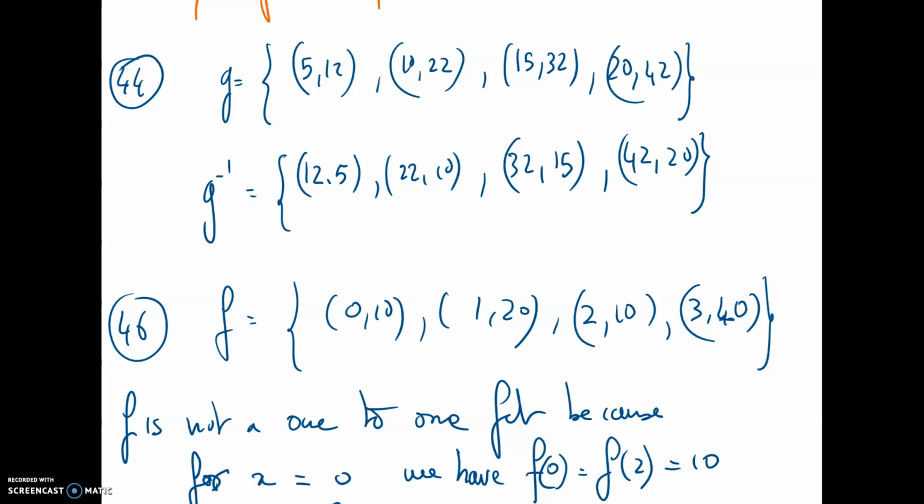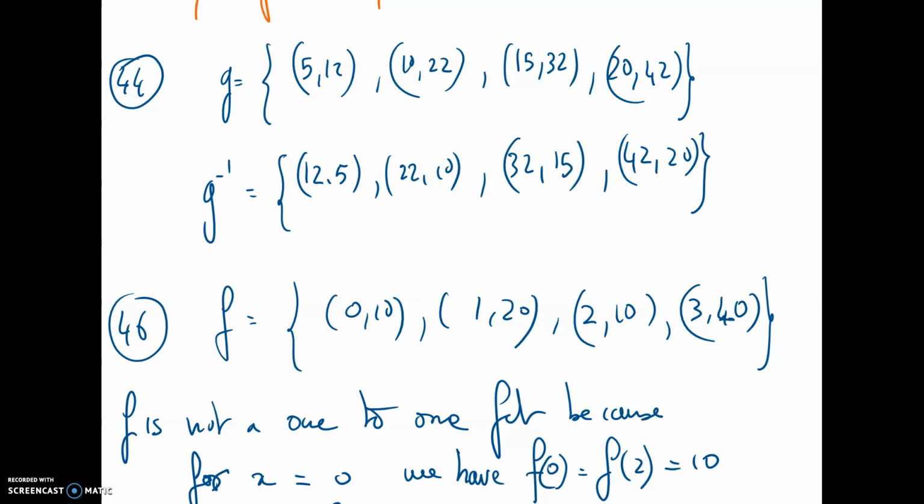All right, in this problem number 44, determine whether each function is one-to-one, and if it is one-to-one, what is the inverse? So first of all, when I look at the problem number 44, I can see that the set of solutions 5, 12, 10, 22, 15, 32, 20, 42 present for different values of x, we have different values of f.